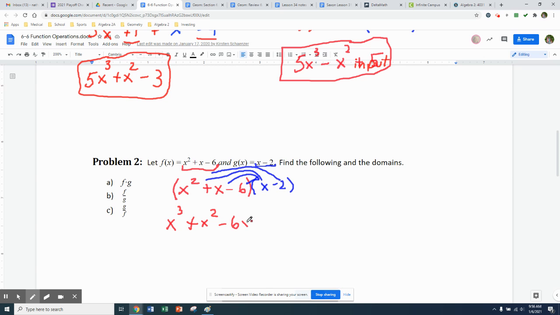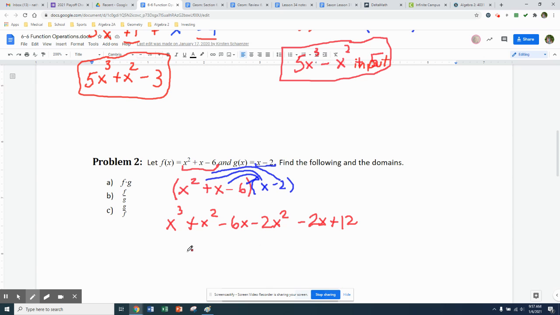Okay, so there's going to be our x distributed out 3 times, and then negative 2 gets distributed out 3 times. So negative 2x squared minus 2x plus 12.